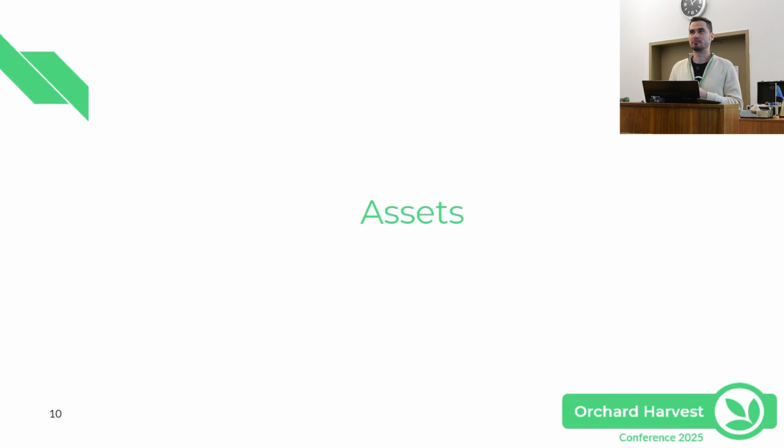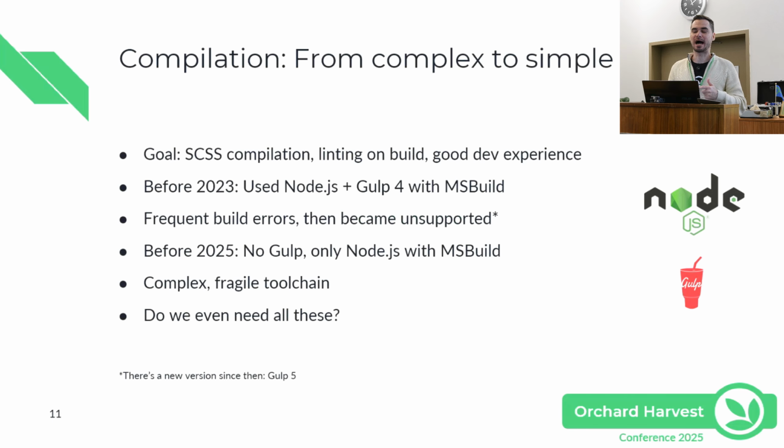Assets. Now, a theme like this Olystic website requires assets like CSS and images, everything to be deployed to your website. But let me tell you a story about how we managed these assets back in the days, I don't know, 2020s or something.